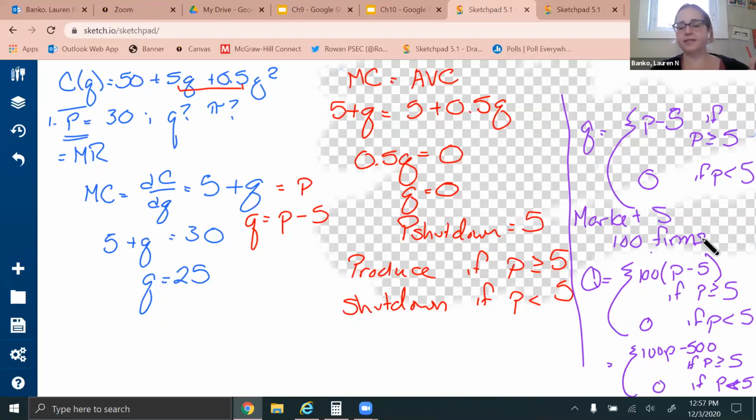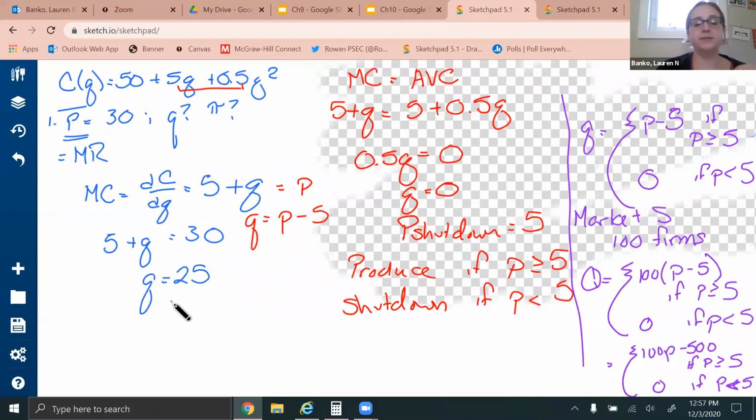If you left it like this up here, that's fine. I just wanted to rewrite it here as well. Again, every firm in the market is making the same decision. So every firm is going to sell, if the price was 30, they're going to sell 25 units.